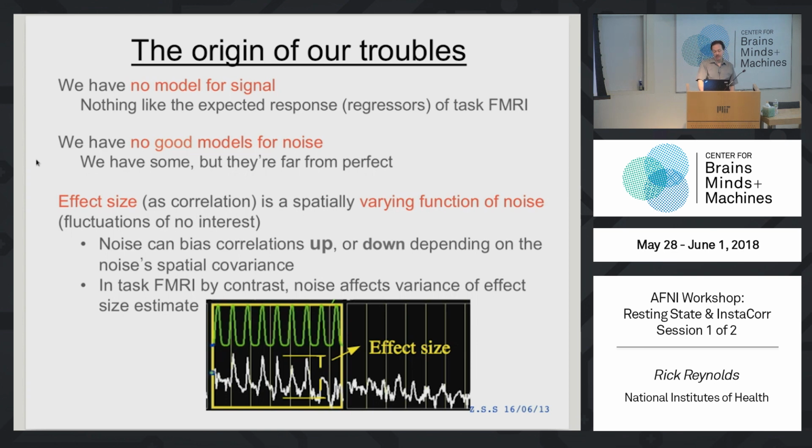But again, the basic key is that there's no model for the signal. People are doing different types of related analyses to alleviate that to some degree. For example, showing movies instead of just having rest. People watch the same movie, so there is some temporal synchronizing there across your subjects.